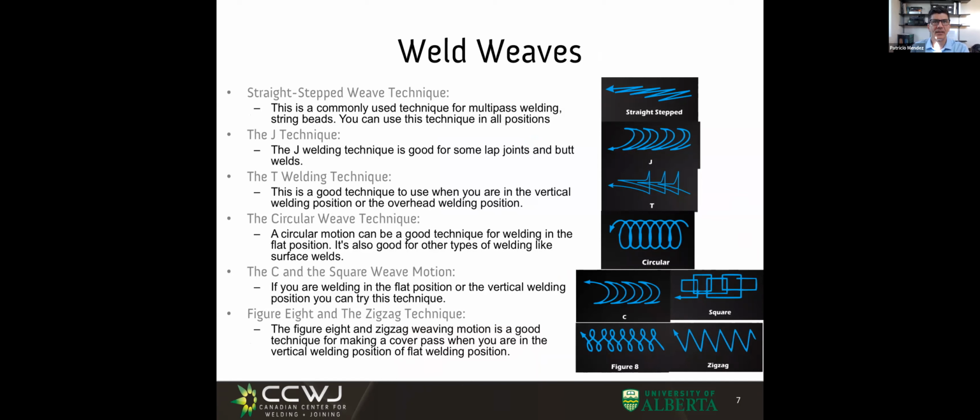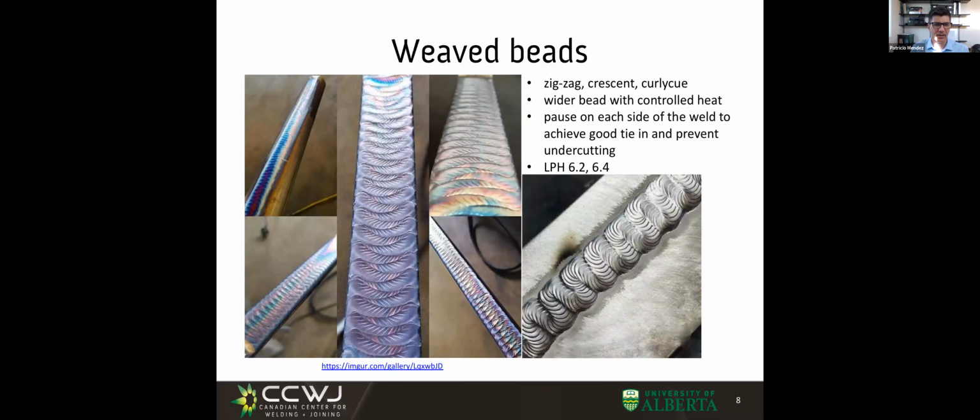I don't understand them, and I don't know all of them. But please know that there are many types of weaves. And if you look again at the Lincoln Procedure Handbook, it will say how different welding positions, whether it's flat or vertical, you want to have different types of weaves. And they tell you which ones to have.